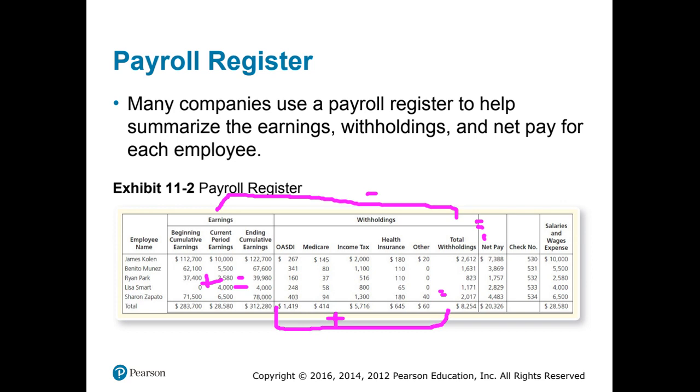So these are still part of your salaries and wages expense. OASDI, Medicare, income tax, health insurance, these are all part of salaries and wages expense. So those would also be included in that, and that's why we put the full $10,000 in our salaries and wages.